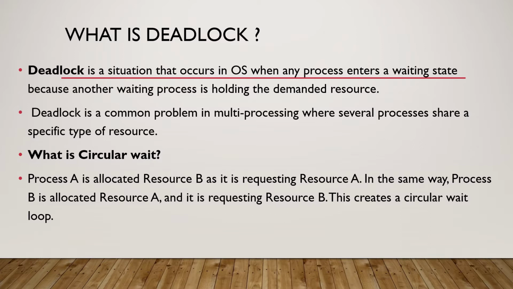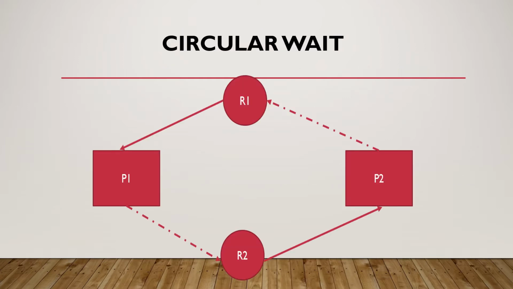So first we will see what a circular wait is. Process A is allocated resource B and it is requesting resource A. In the same way, process B is allocated resource A and it is requesting resource B. So this creates a circular wait loop. We can see here there are two processes P1 and P2.